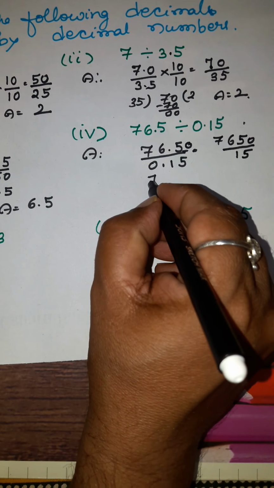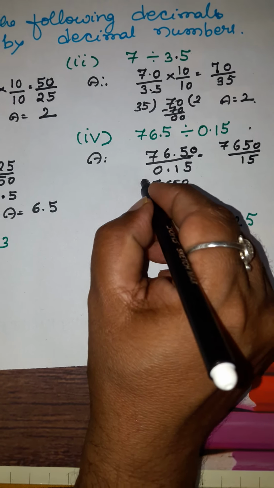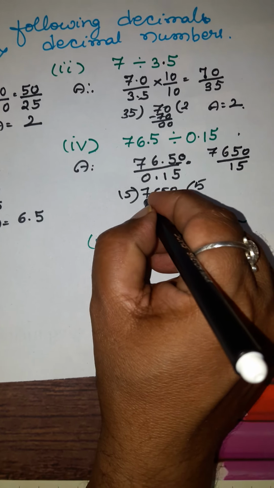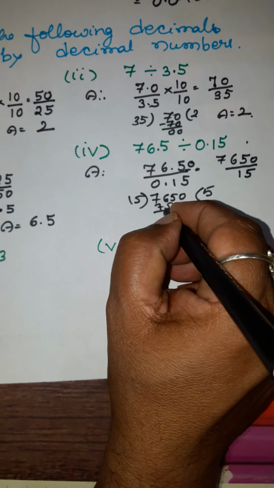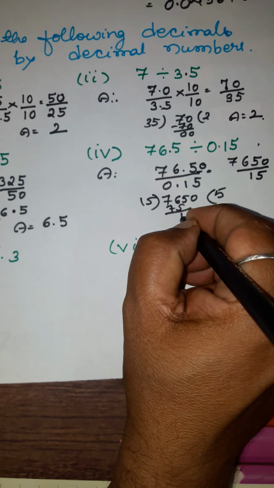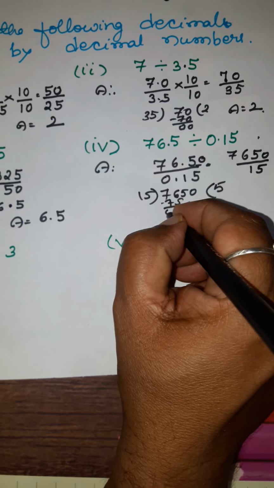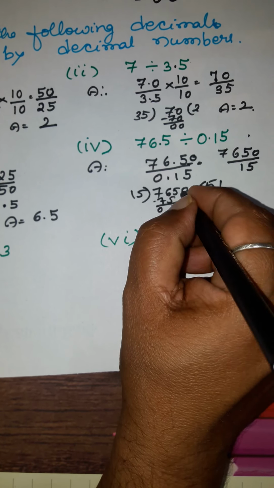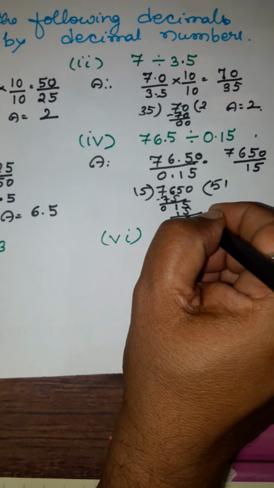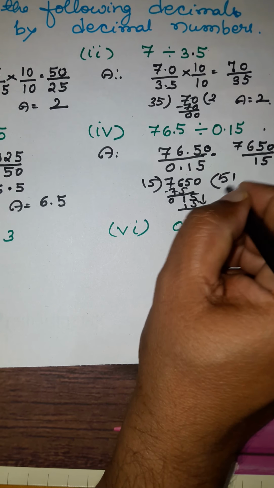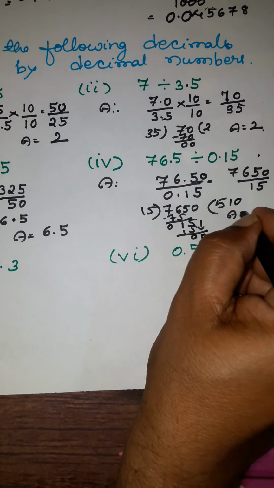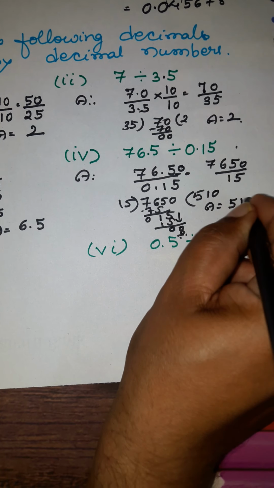Now you can divide 7650 by 15. 15 5s are 75. So 76 minus 75, 1. Yes, 7 0 5. 15 1s are 15. So 0. Again bring down 0. 15 zeros are 0. So answer is 510.